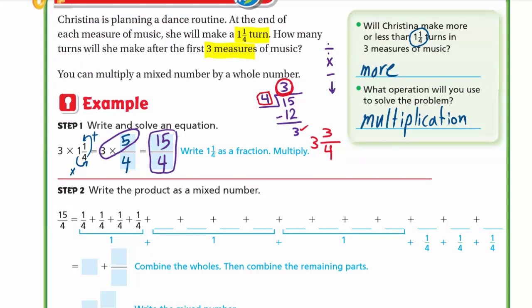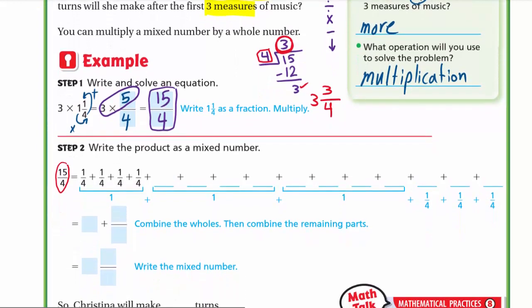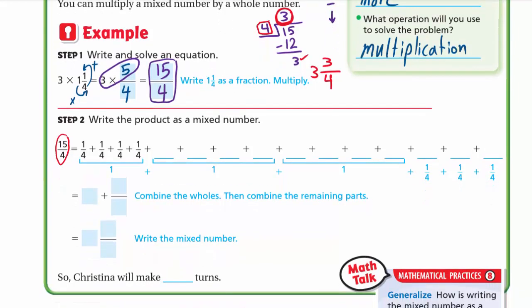And now let's see how he will turn the 15/4 into a mixed number. He makes it by a longer way, but let's see it. The 15/4, he decomposes it into 15 of 1/4. So 1/4 plus 1/4 plus 1/4 plus 1/4 plus 1/4 plus 1/4.